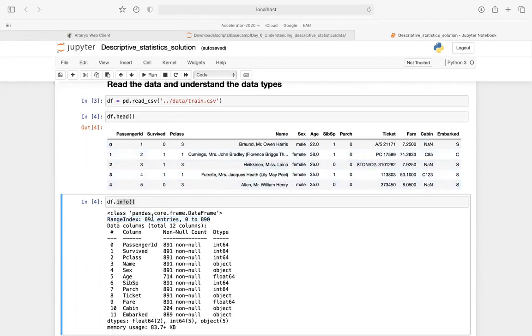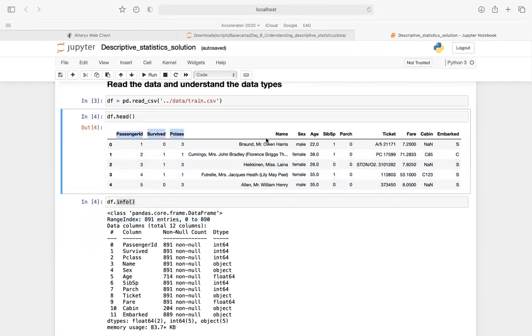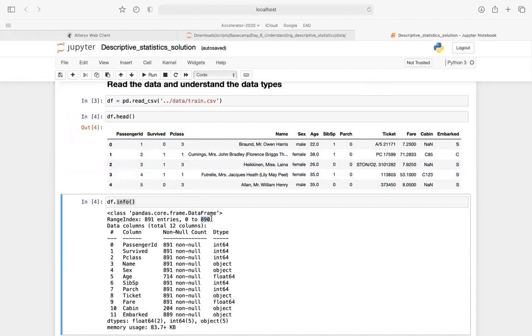It says 891 entries because I have a column header as well, right? So the original data I have is 890 records. I'm just giving you a flavor of how you should read or interpret this info output.